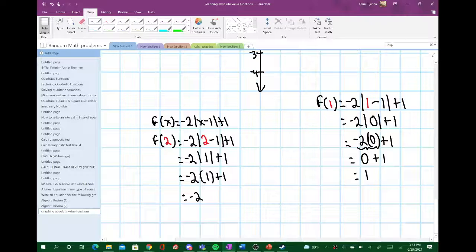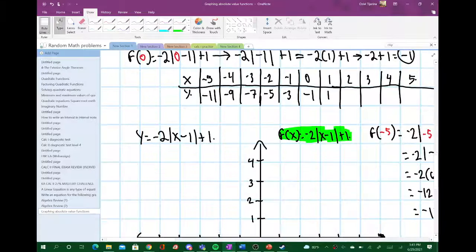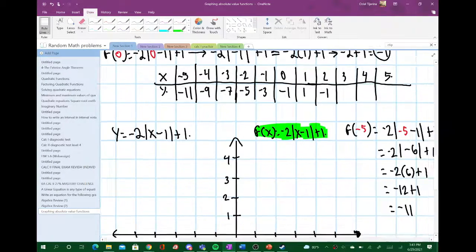Obviously the absolute value of 1 is 1. 2 minus 1 is 1, so this is why I put it like this. Negative 2 times 1, that's negative 2. And then we add a 1 right here. And then what is negative 2 plus 1? That's negative 1. So when x equals 2, y equals negative 1.